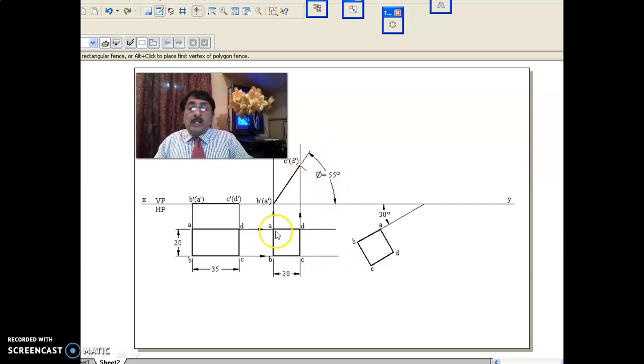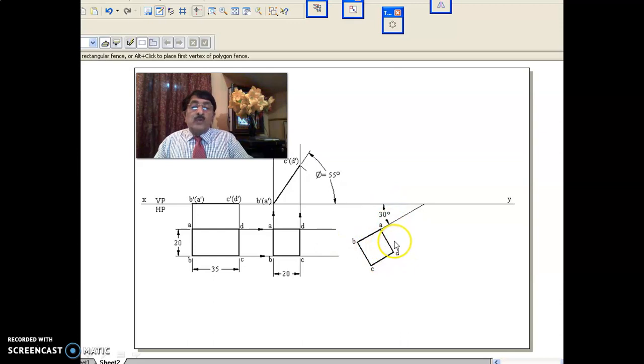Now rotate, pivoting at AB. AB is on HP. Rotate the lamina in such a way that, maintaining a constant inclination of 55 degrees to HP, AB is always on HP, such that AB is inclined at 30 degrees to VP.